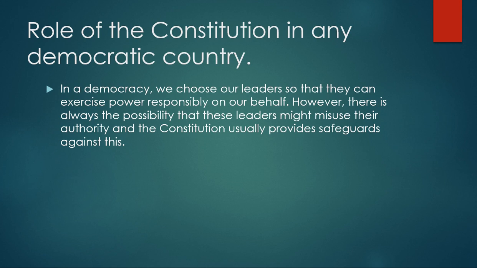In the same way, all the elected representatives who are elected by people can also misuse their power in the country. And what are the different ways in which they can misuse their power?